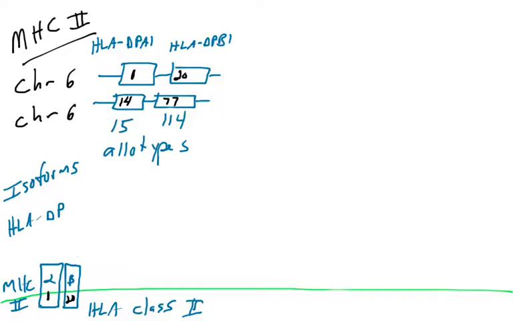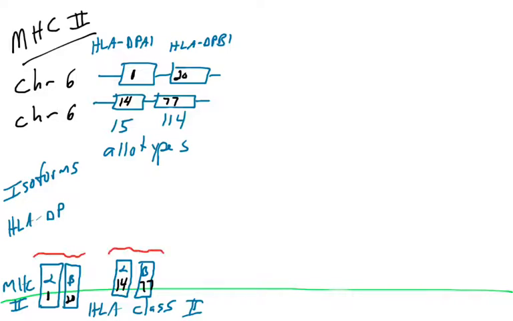So allotype 1 and allotype 20, when those proteins would be encoded for, transcribed, translated, they would join together in a complex. And the allotypes on the other chromosome, when they're transcribed and translated, they would also join into a complex. You typically don't see, for example, version 1 joining with version 77 or version 14 joining with version 20. They usually are inherited together and they interact with each other specifically.